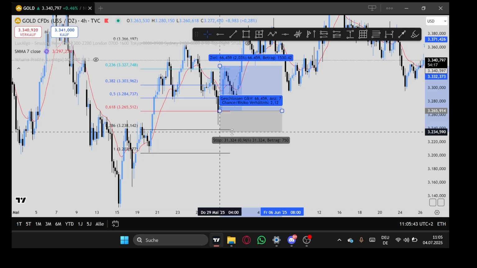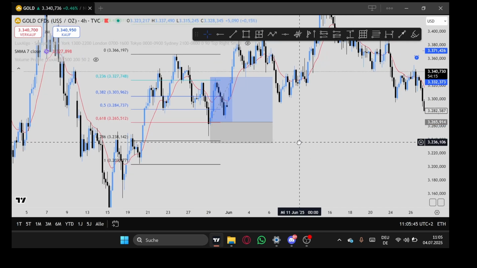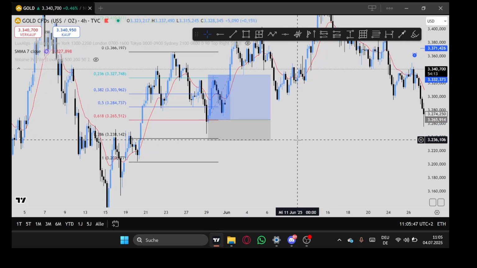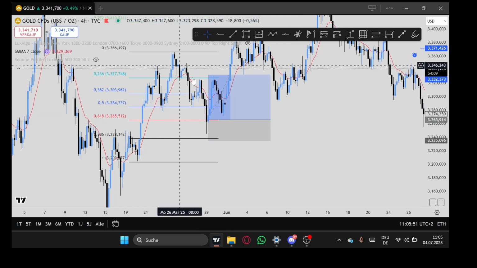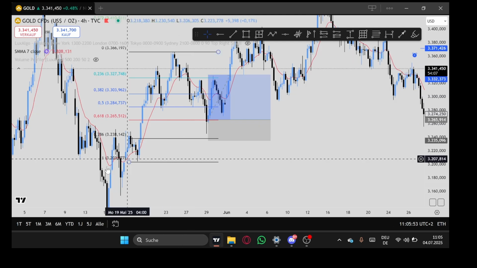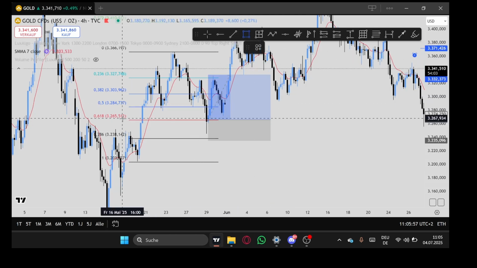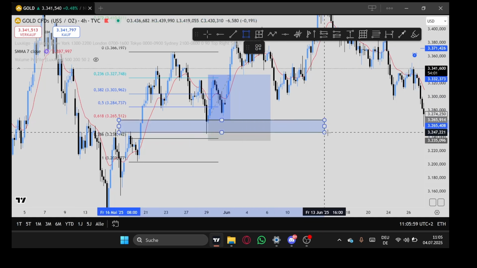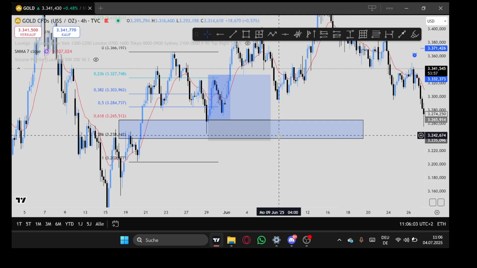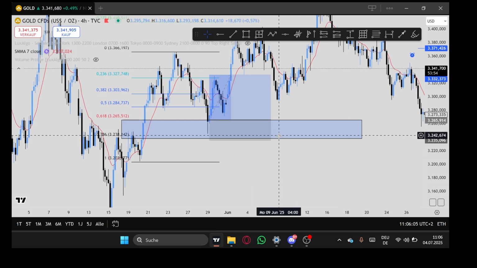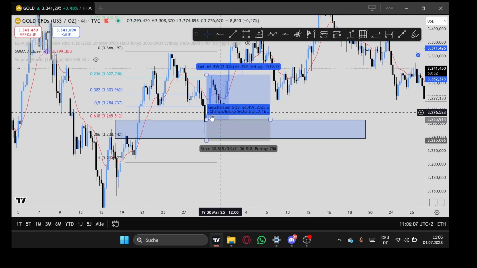If you want to be safe, you could, of course, if you want to enter manually, just put the fib on, draw something like this, and then go back down to your lower time frame and just watch what happens.